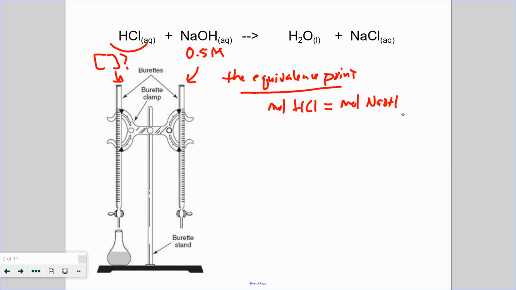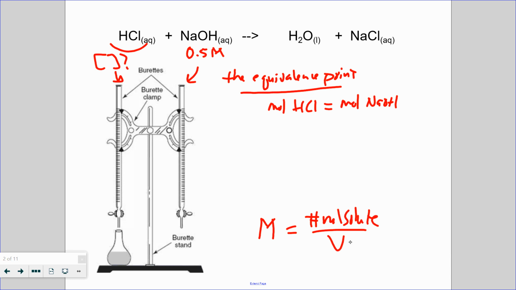That's a really important point because that makes our math really simple. Just reminding ourselves, the molarity is equal to the number of moles of solute divided by the volume of the solution.